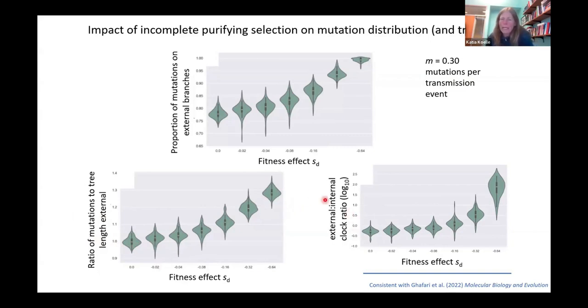And then the clock rate also increases, right? So this is consistent with what I showed beforehand of Mahan Ghaffari's work looking at external versus internal branch clock rates. So we have these impacts on the mutation distribution, right?